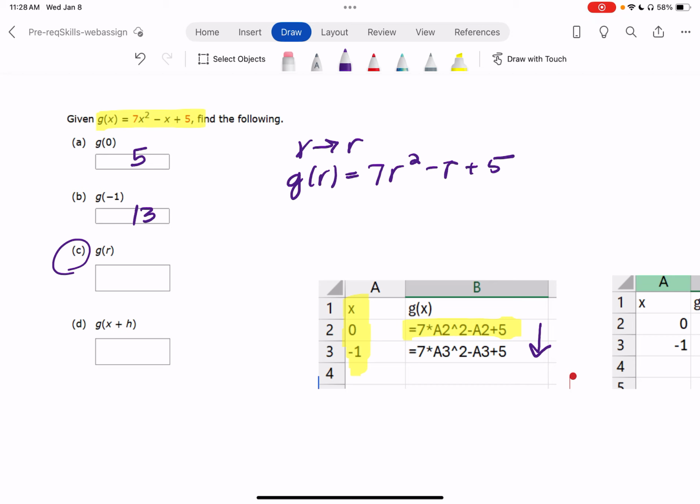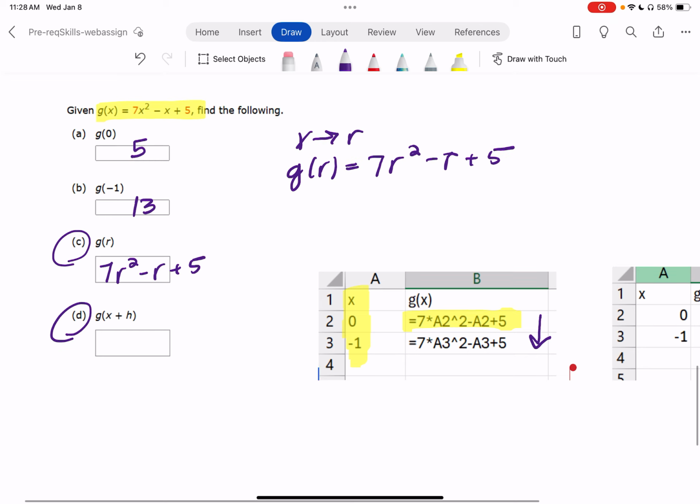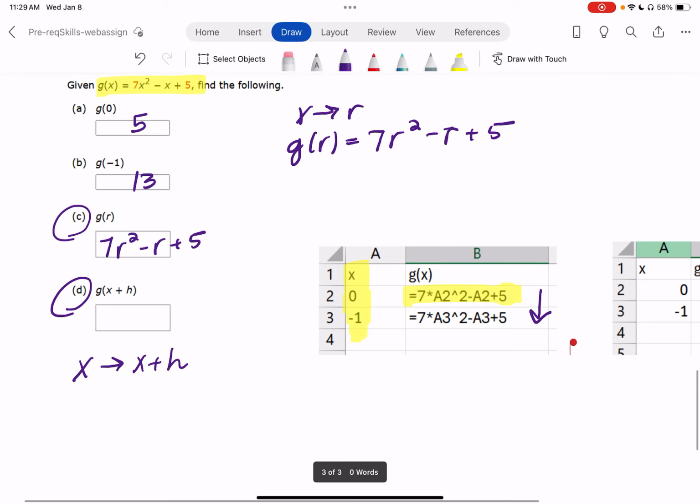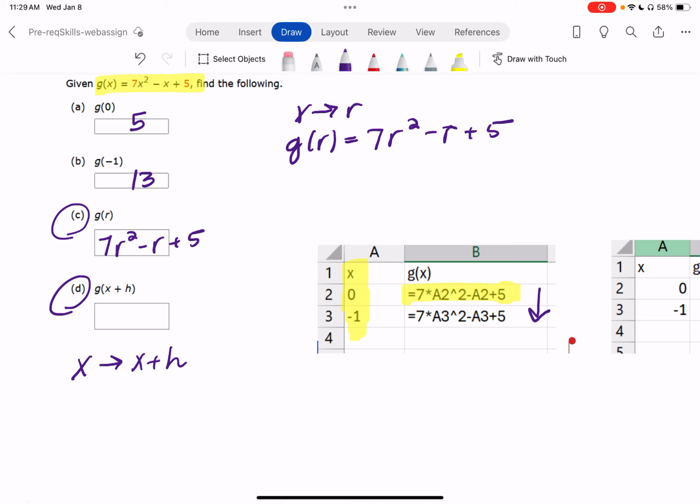And that's what you're going to put down here in this box: 7r squared minus r plus 5. And then for this g of x plus h, that's saying take out your x, but replace it with that x plus h. So everywhere you have an x, put in an x plus h. Be careful with your algebra here. So g of x plus h will be 7 times (x plus h) squared, minus (x plus h), plus 5.